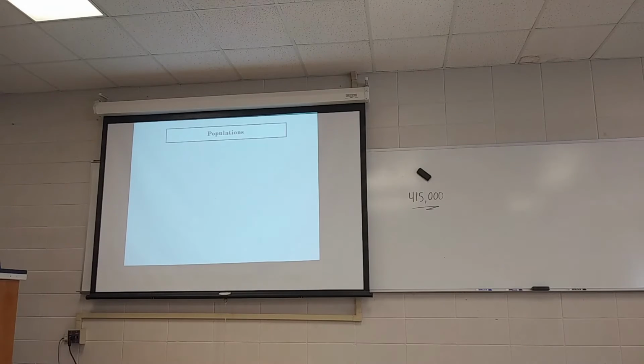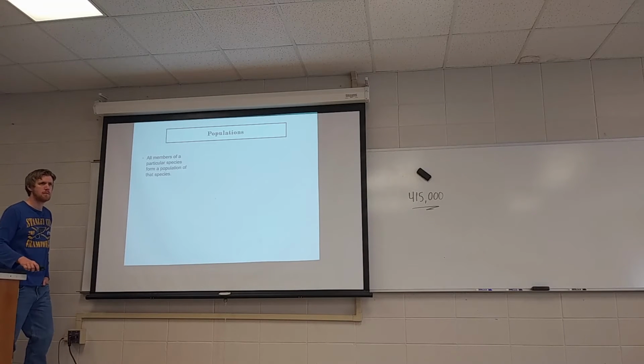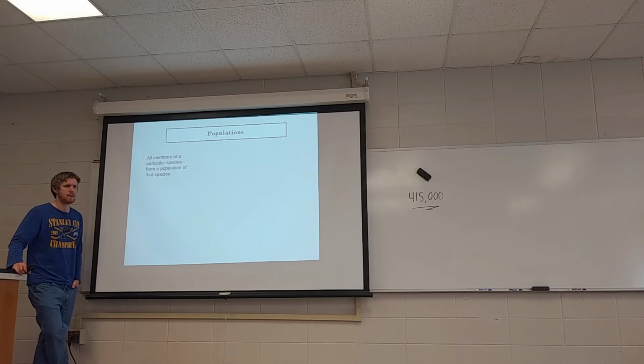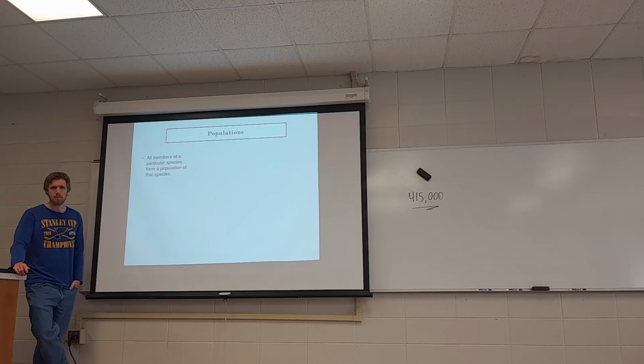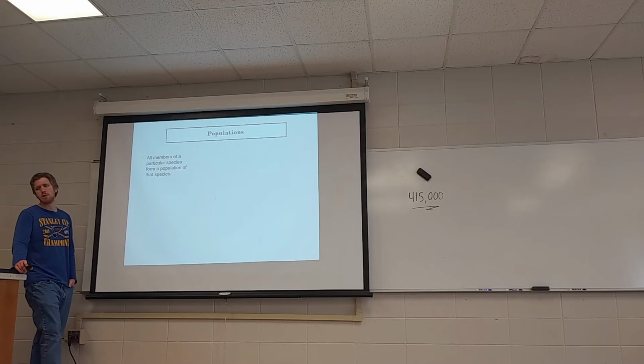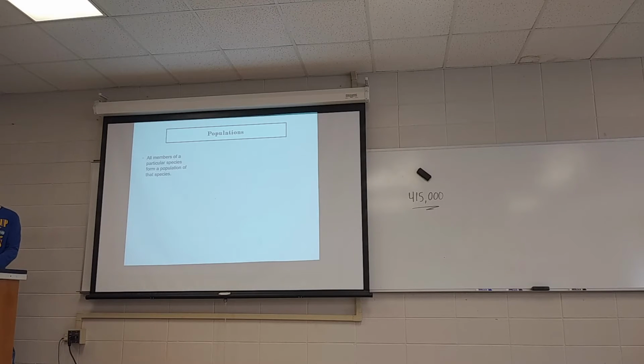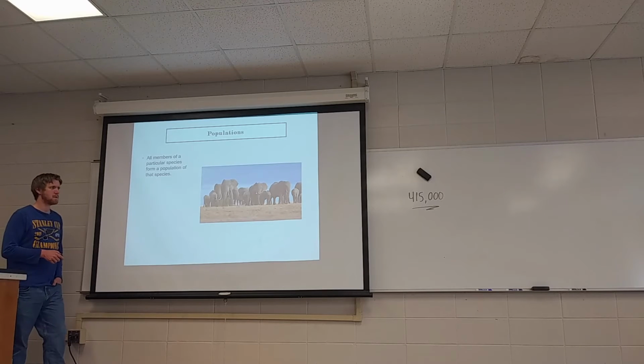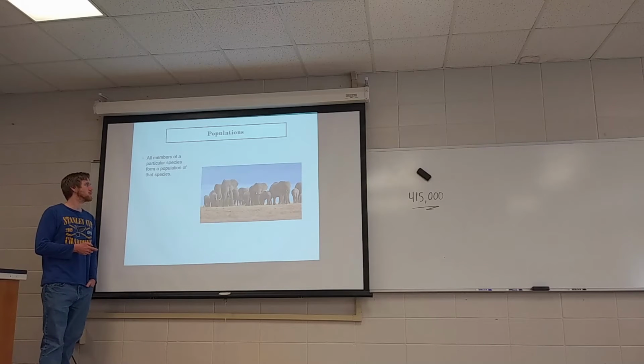So every individual elephant, counted together in Africa, constitutes the population of that particular species. All members of a particular species form a population of that species. Here would be a small herd of elephants, part of the total population.